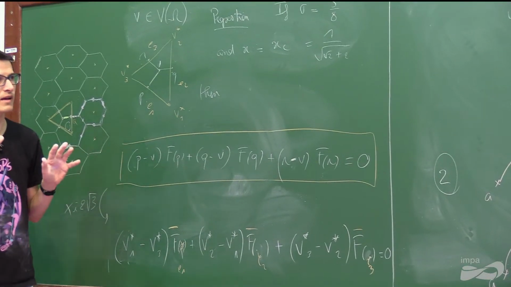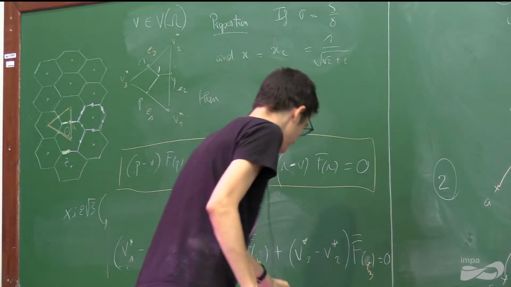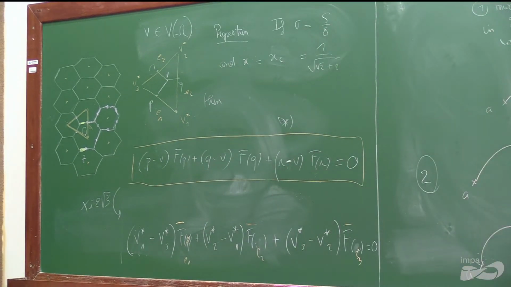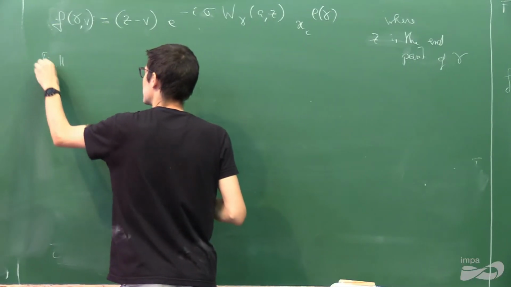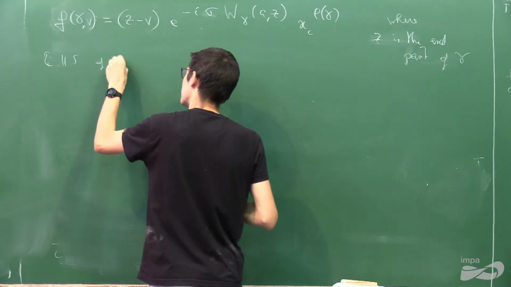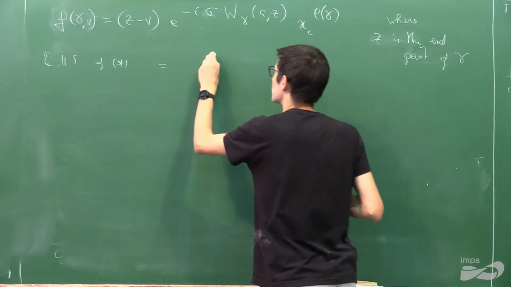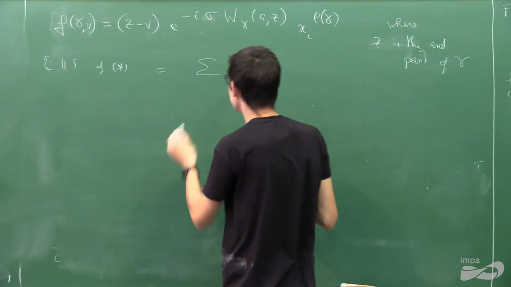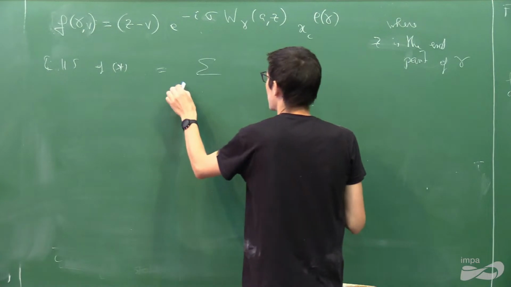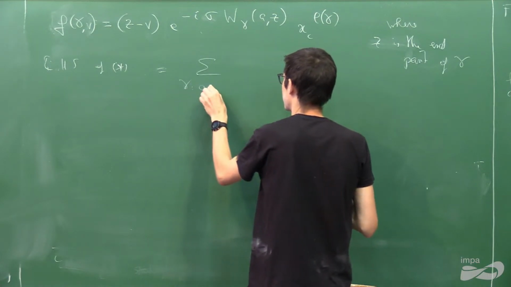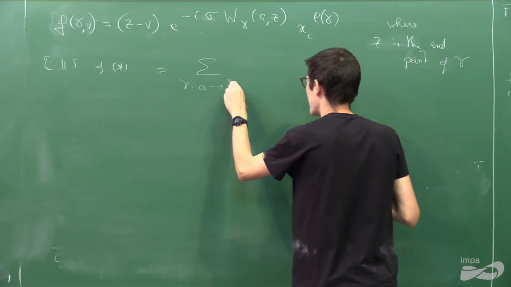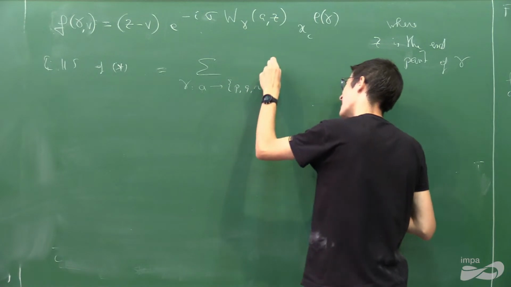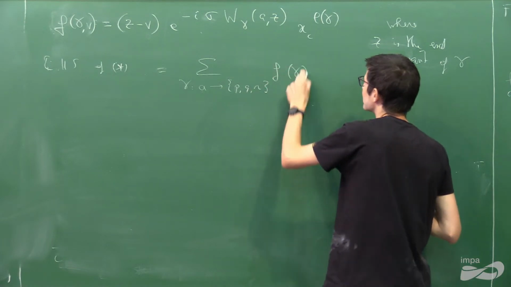Okay, so the idea is that the left-hand side of my identity here is equal to the sum over some gammas, the sum of gammas from A to P, Q, R of f of gamma.